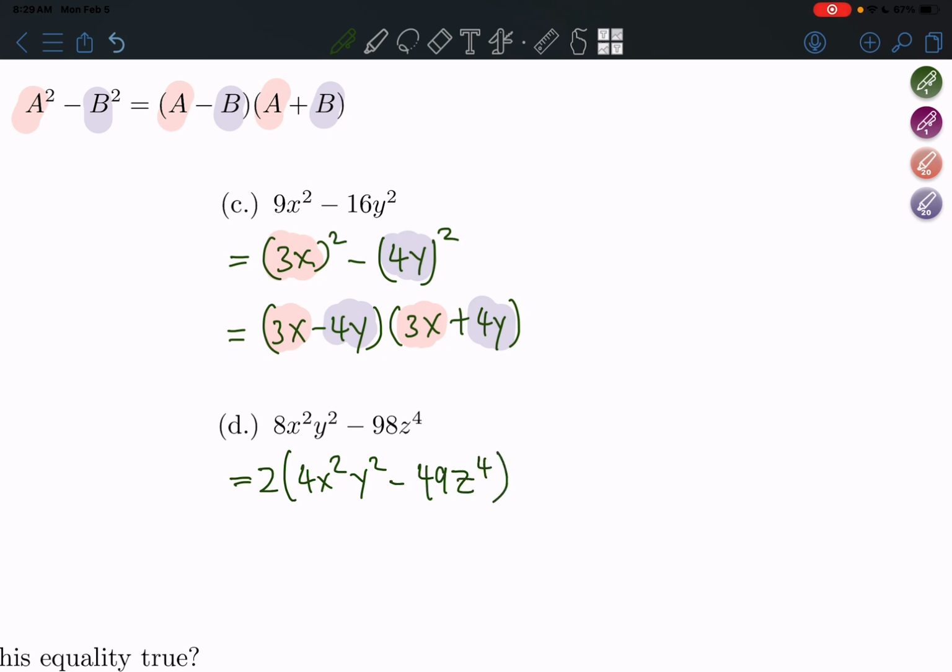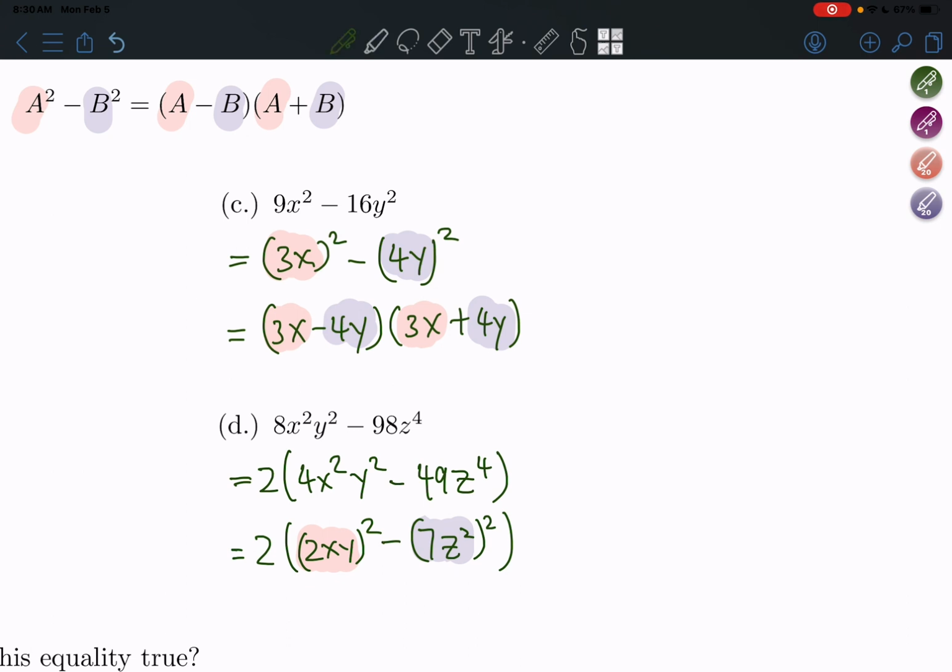As soon as I take out that 2, I actually do see the remaining parts are perfect squares. So leave the 2 alone here. 4x squared y squared is 2xy quantity squared, minus 49z to the fourth is 7z squared, squared. And that becomes my A and B.